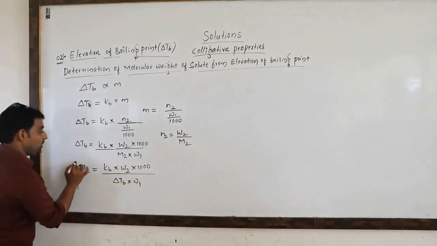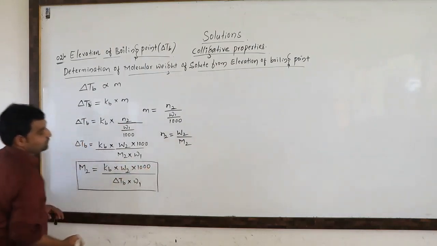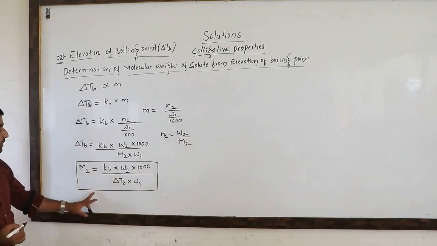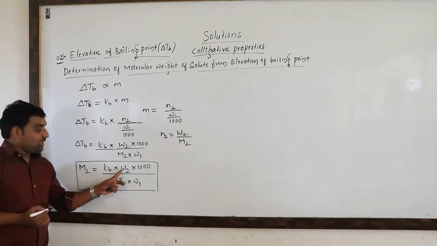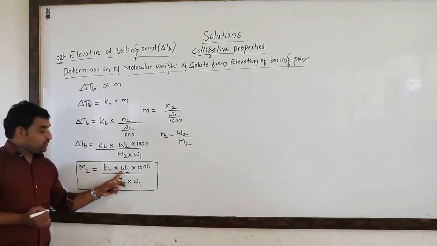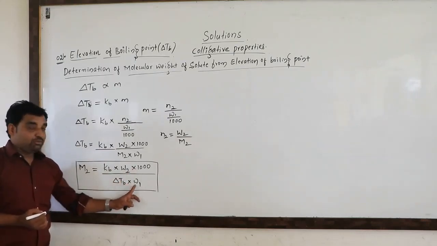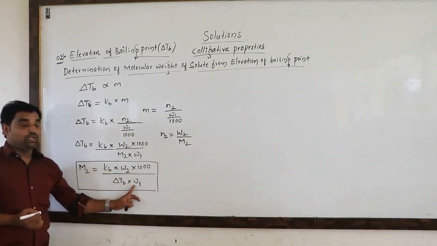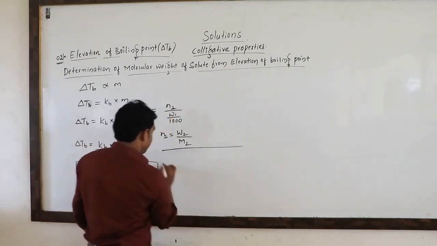This is the formula to calculate the molecular mass or molar mass of solute using the elevation of the boiling point. M2 is nothing but the molar mass of solute. Kb is the ebullioscopic constant. W2 is the weight of a solute. Delta Tb is the elevation in the boiling point. W1 is the weight of a solvent. So this is the formula to calculate the molar mass of solute.